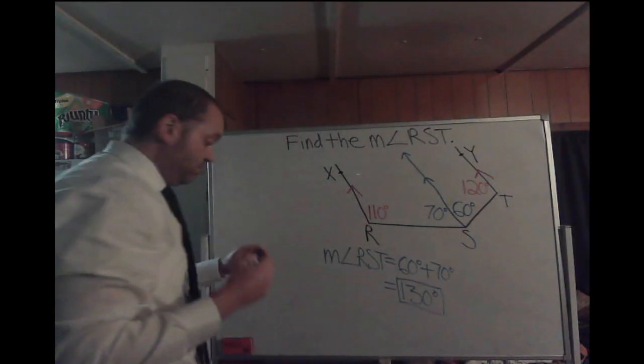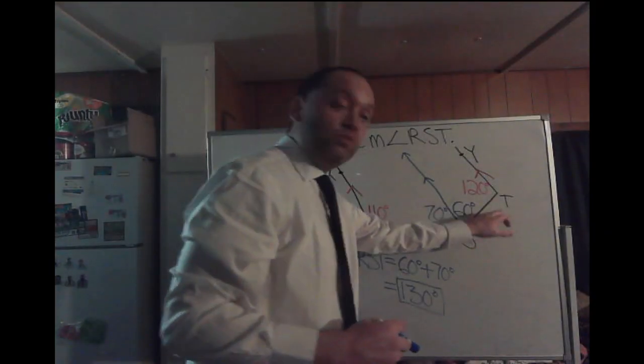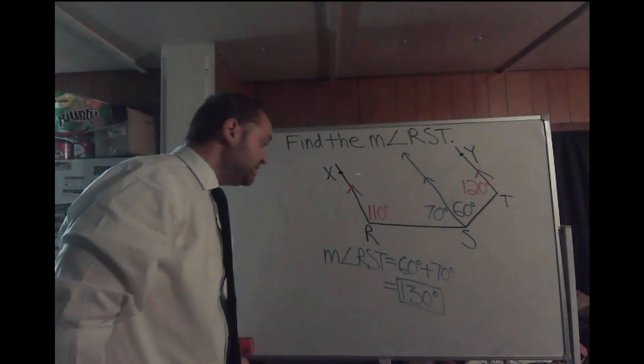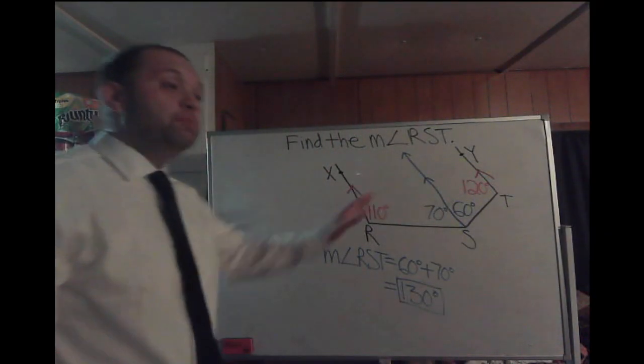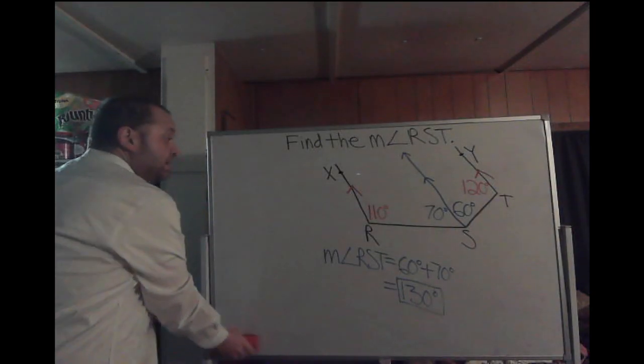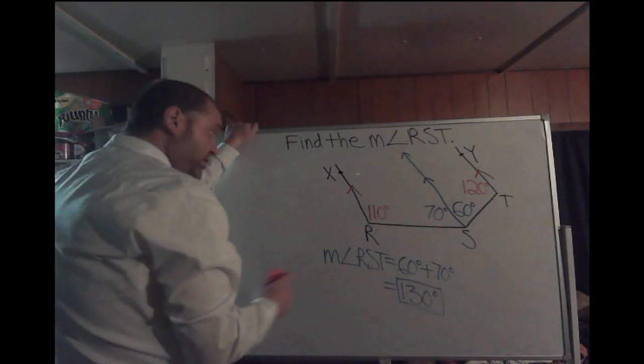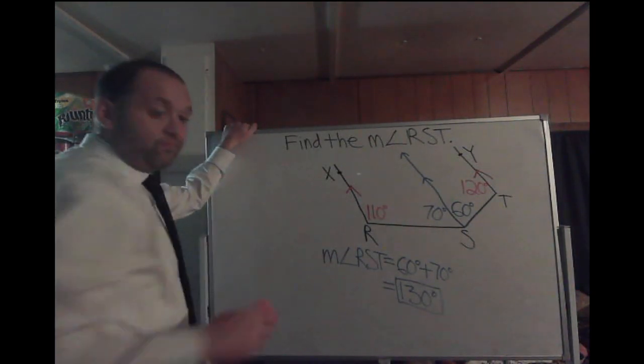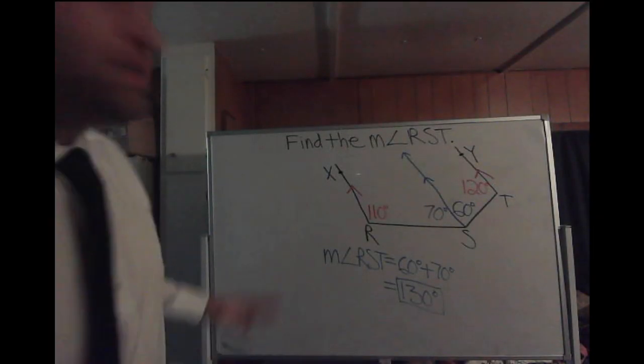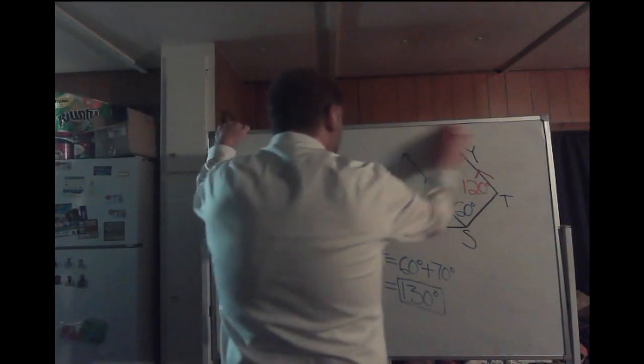So the measure of angle RST in this case is equal to 130 degrees. So in these type of problems, yes, you may draw additional parallel lines by the theorems that we've learned today. So that's why these theorems we're doing are so important.